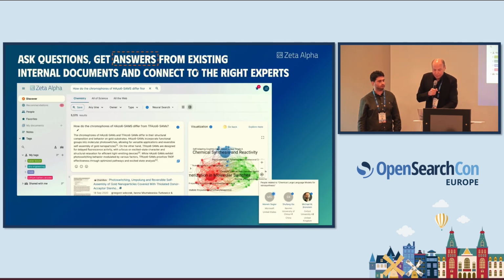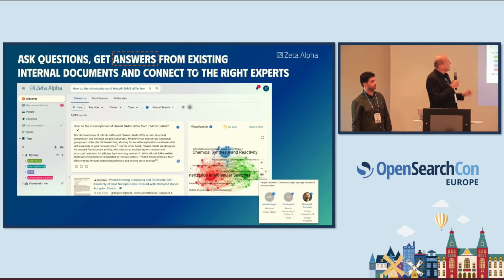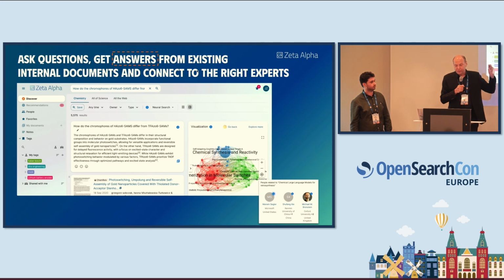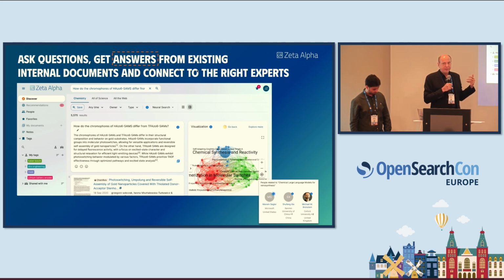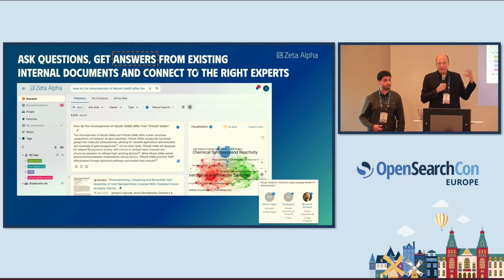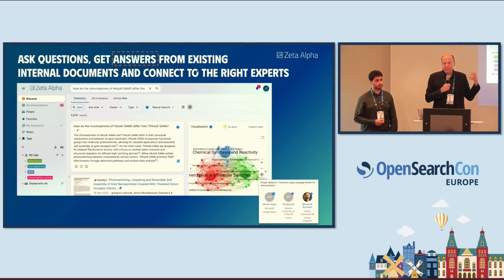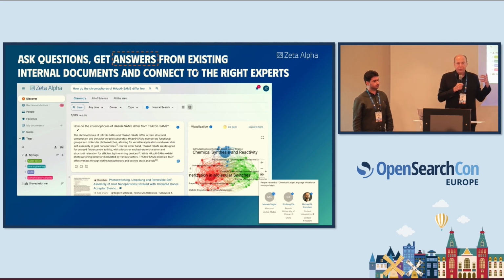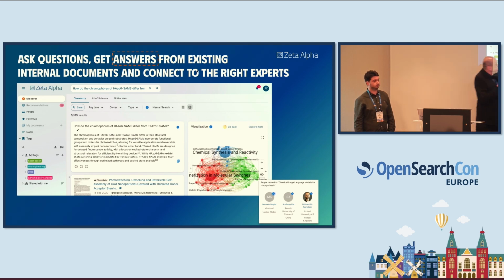So this is what our platform looks like. You can ask a complex domain-specific question, like here from the chemistry domain, and you get a generative AI answer, but it's grounded in the internal documents of the organization through links and citations.